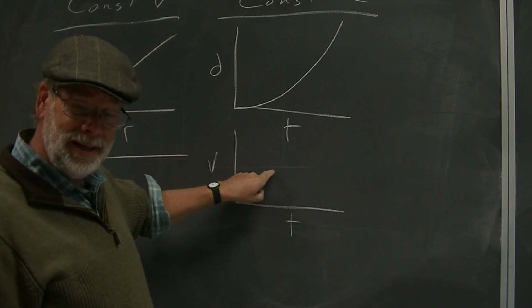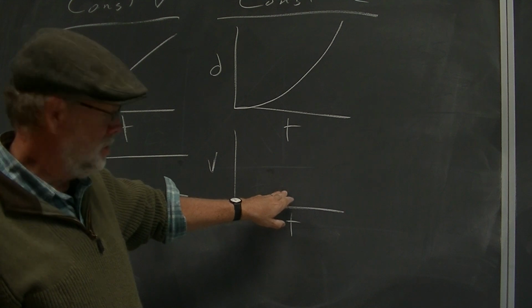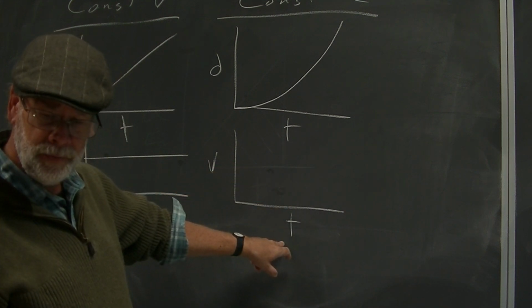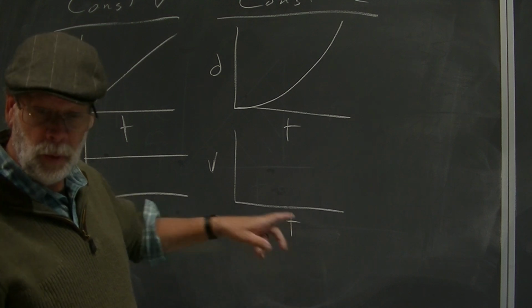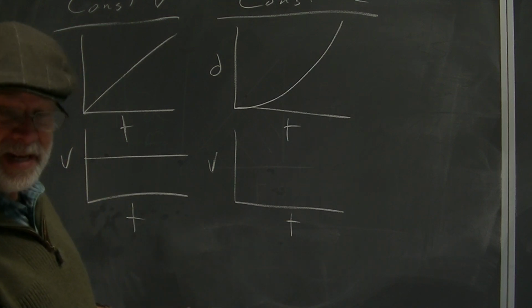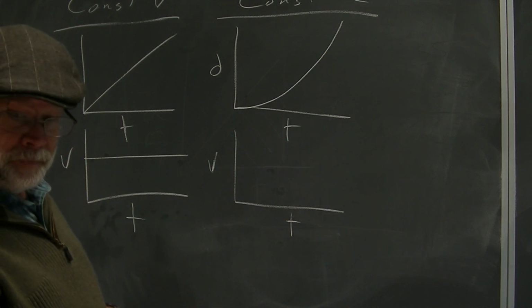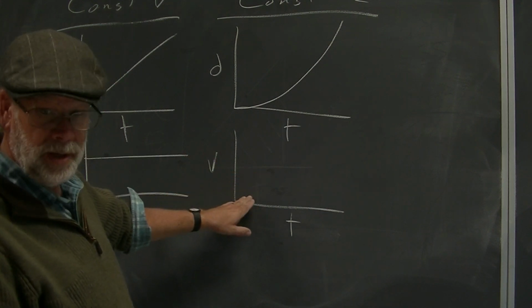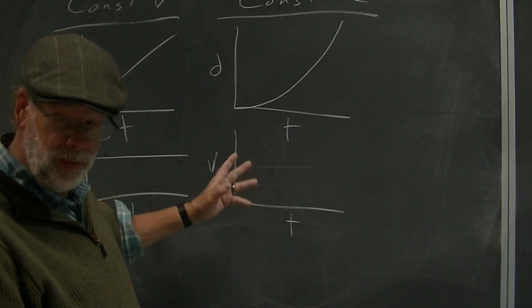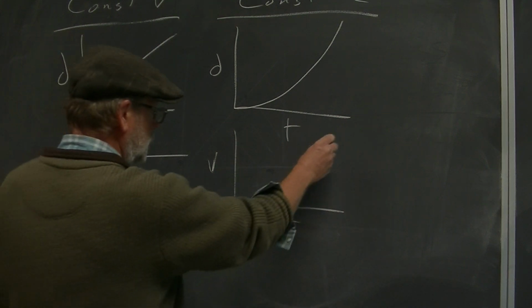Okay, so constant acceleration, what's the slope of a VT graph? Going up. But what does the slope mean on a VT graph again? Acceleration. So if we say constant acceleration, we can swap out acceleration and slope, and we mean constant slope.